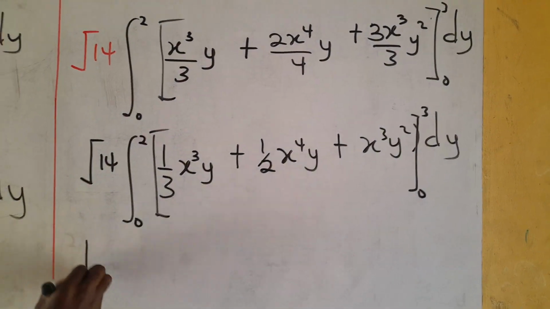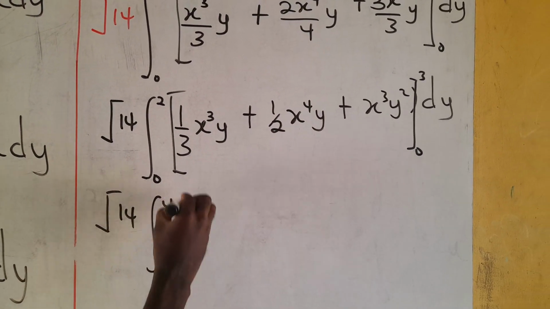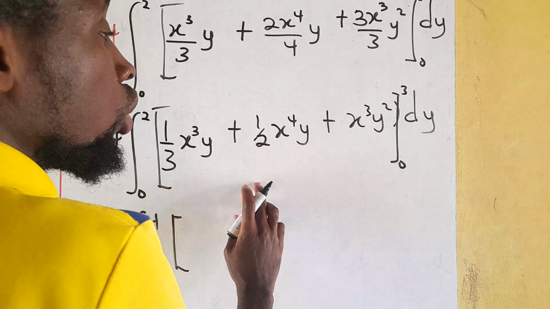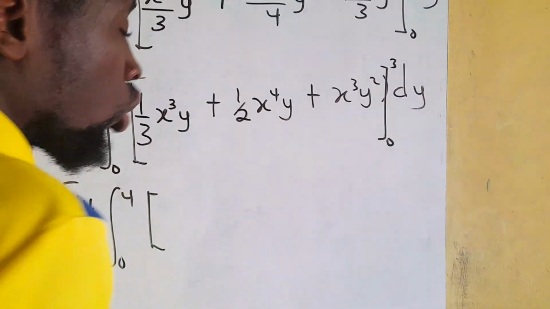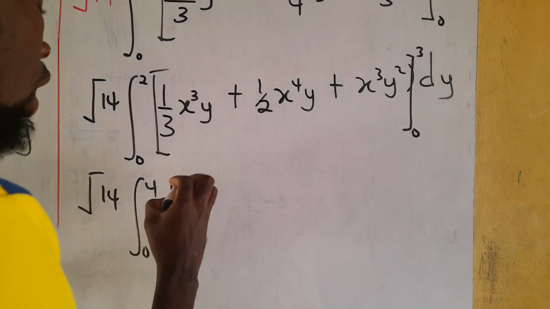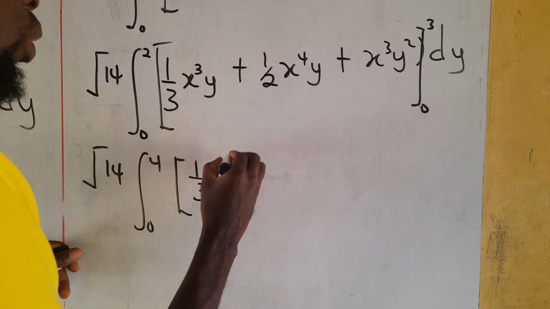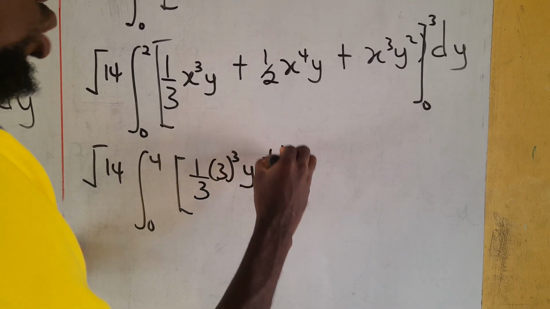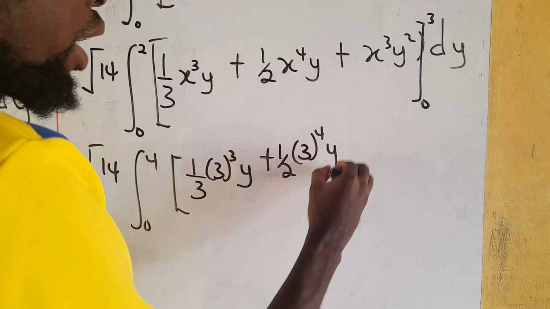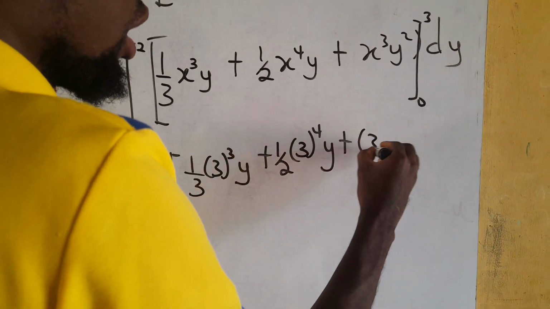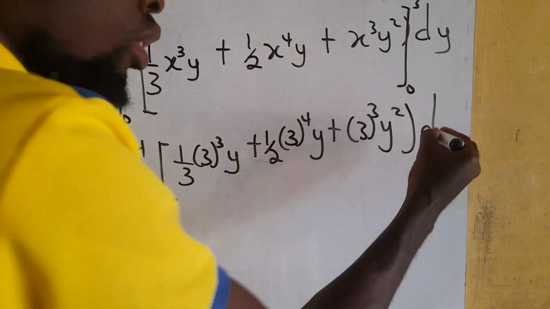Now we substitute. We have the square root of 14, integral spanning from 0 to 2. Any place we see x now, we substitute the 3. Minus 1 substitute 0. Remember, 1 substitute 0, everything will be 0, so we can choose to ignore. So we have 1 over 3 cubed y plus 1 over 2, 3 exponent 4y plus 3 exponent 3y squared dy.